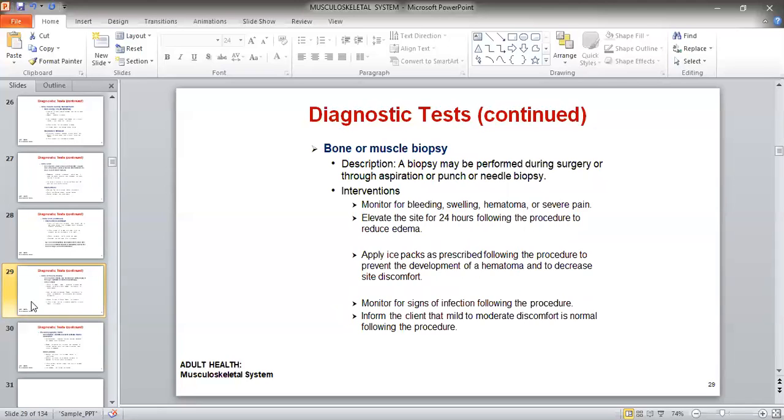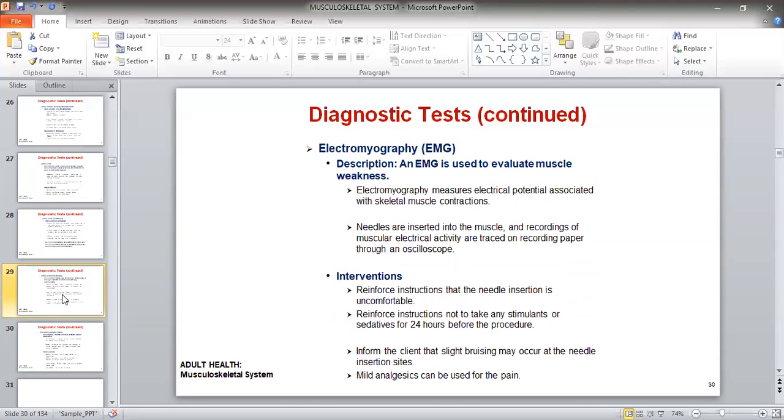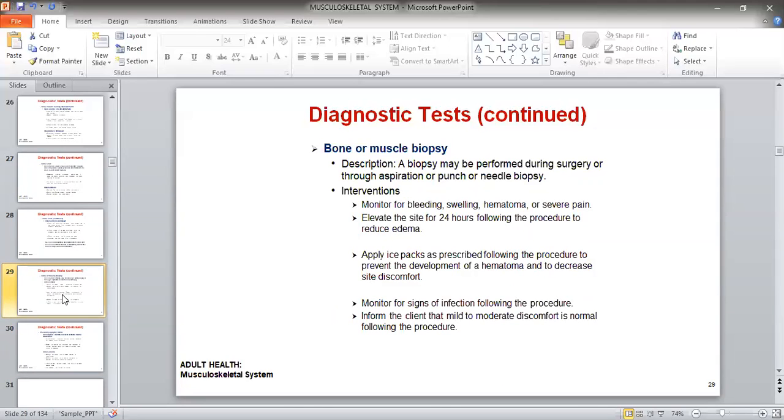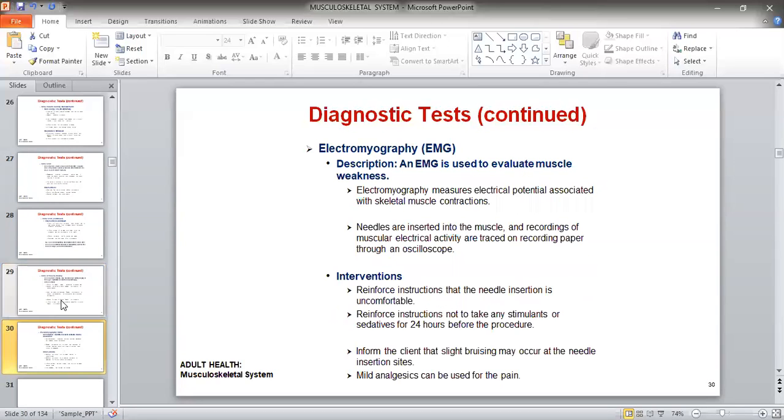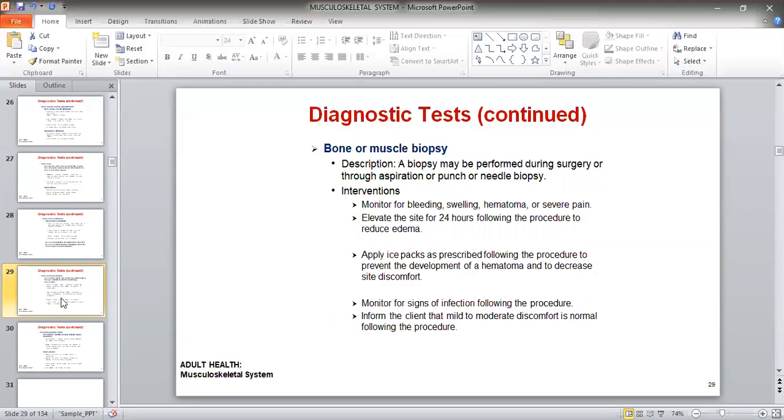So now go to bone or muscle biopsy, if necessary. Bone or muscle biopsy. So here, a biopsy may be performed during surgery or through aspiration, punch, or needle biopsy.